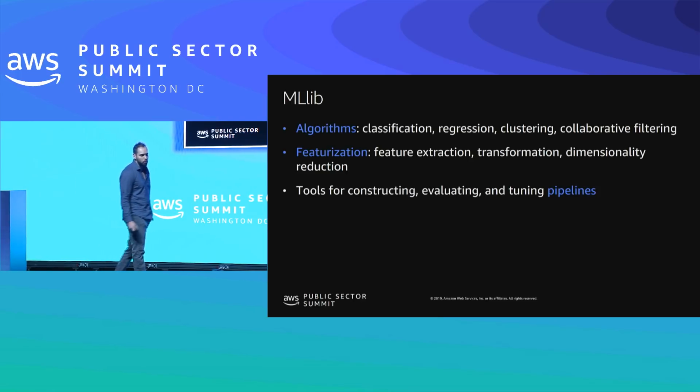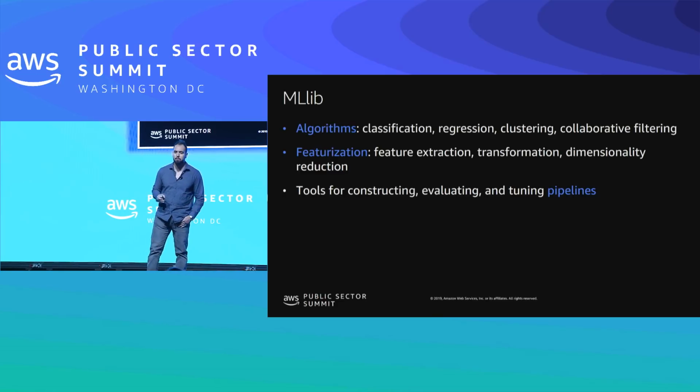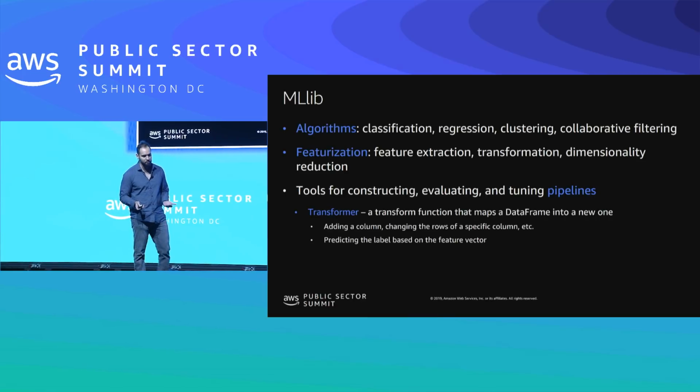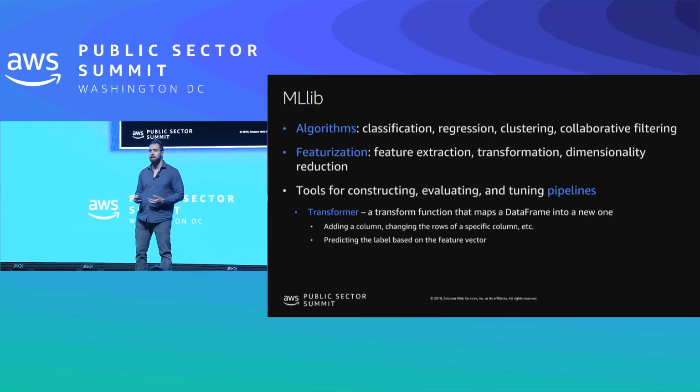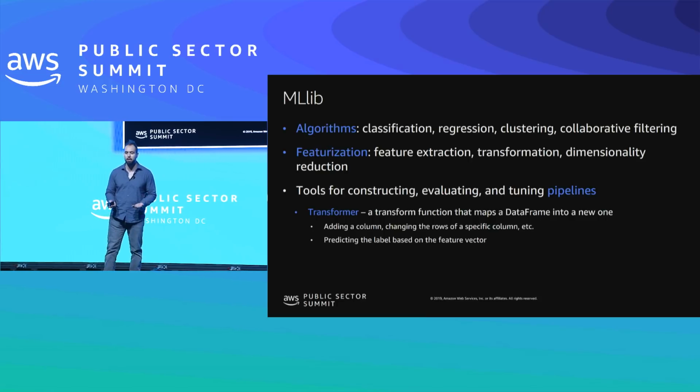One of the particular components that I'm talking about now is also ML pipelines. ML pipelines provide you with a set of tools to construct and evaluate that entire workflow. Now, an ML pipeline in Spark consists of stages. A stage can be a transformer stage, which is a stage that's going to transform one data frame into a new data frame.